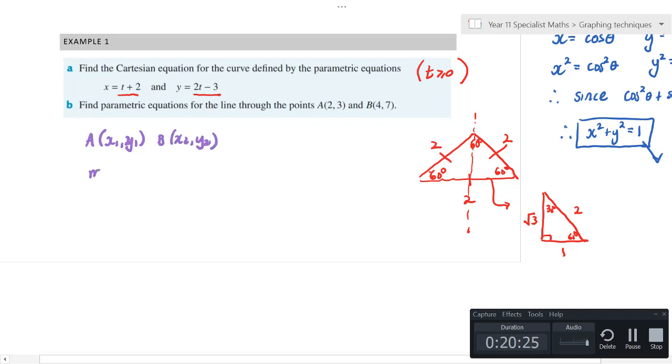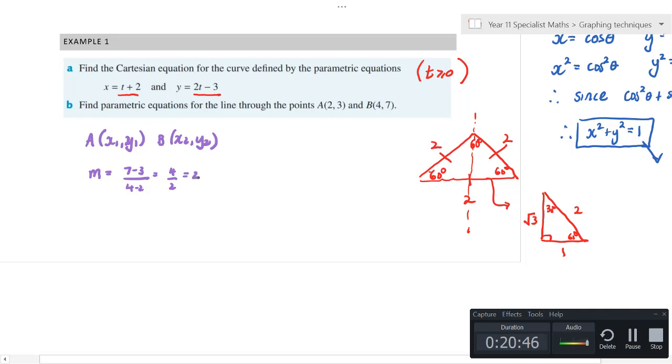Therefore the gradient is y2 minus y1, which is 7 minus 3, over my run, which is 4 minus 2. So that's 4 over 2, which is equal to 2.